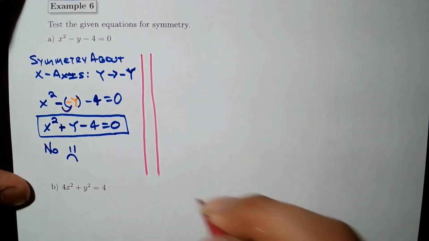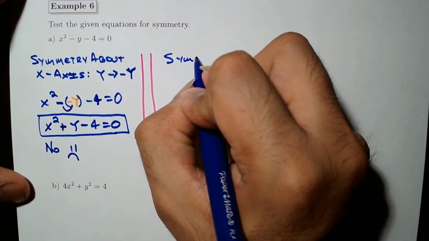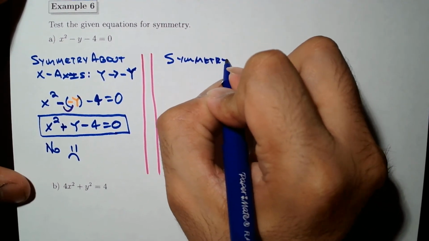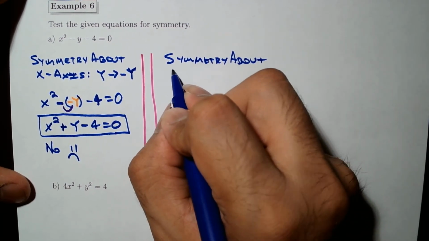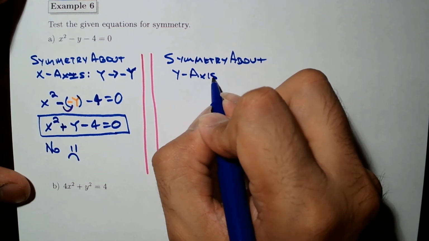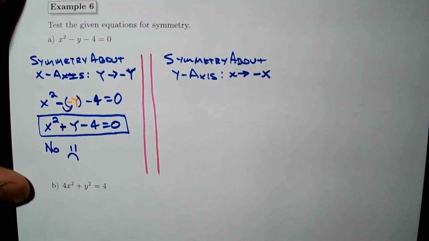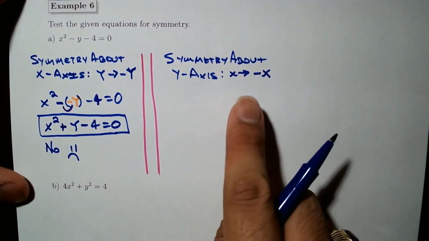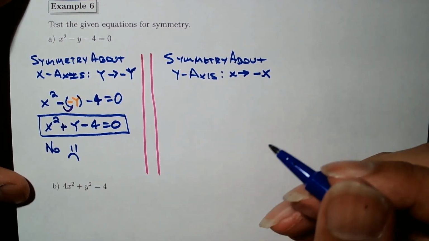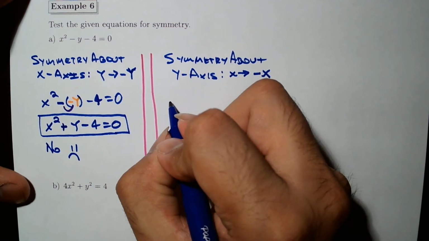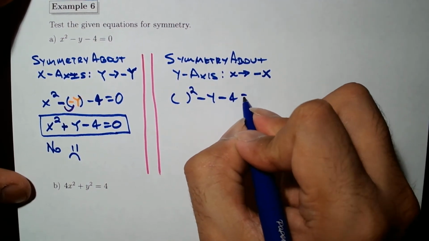Let's check for symmetry about the y-axis. To do that, we replace x with negative x. So we make the changes in the x and not the y's: negative x squared minus y minus 4 equals 0.